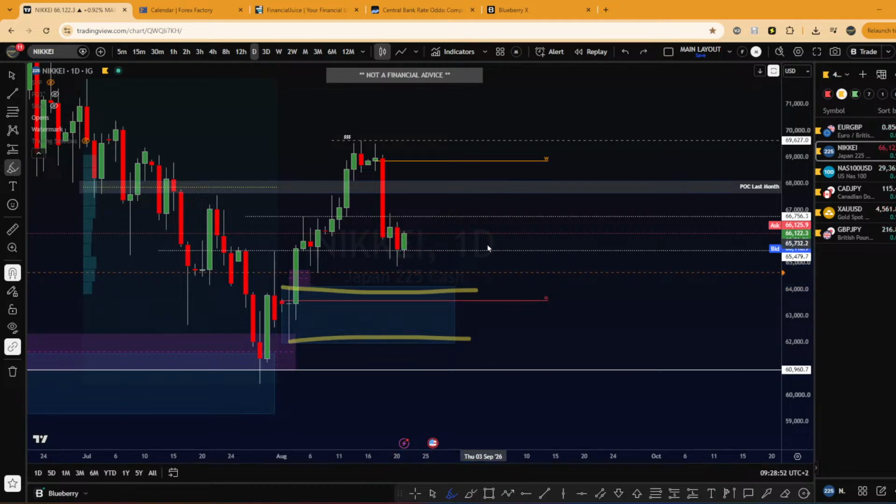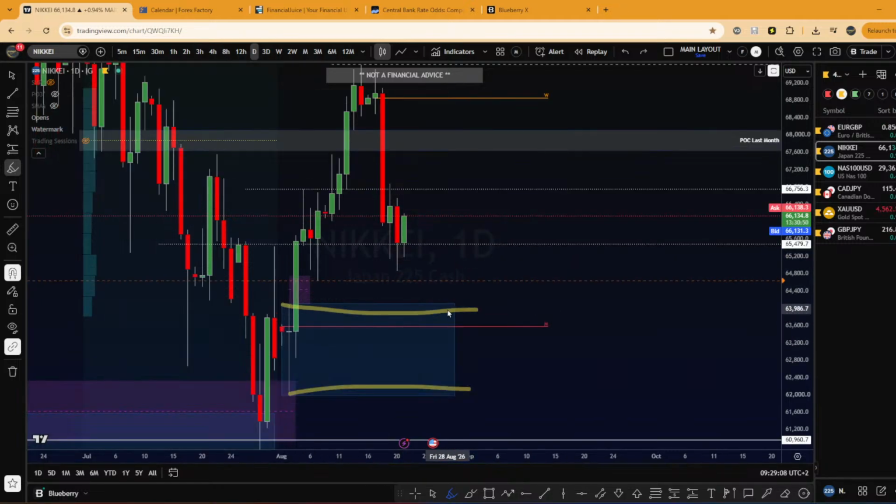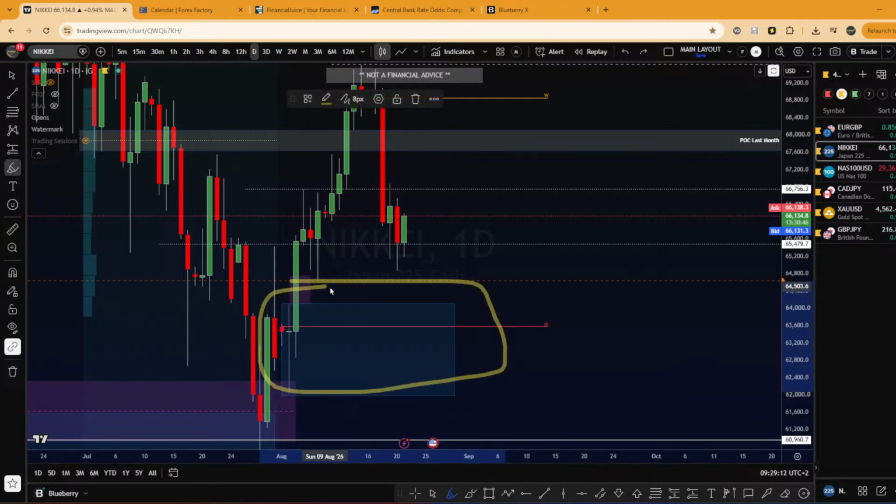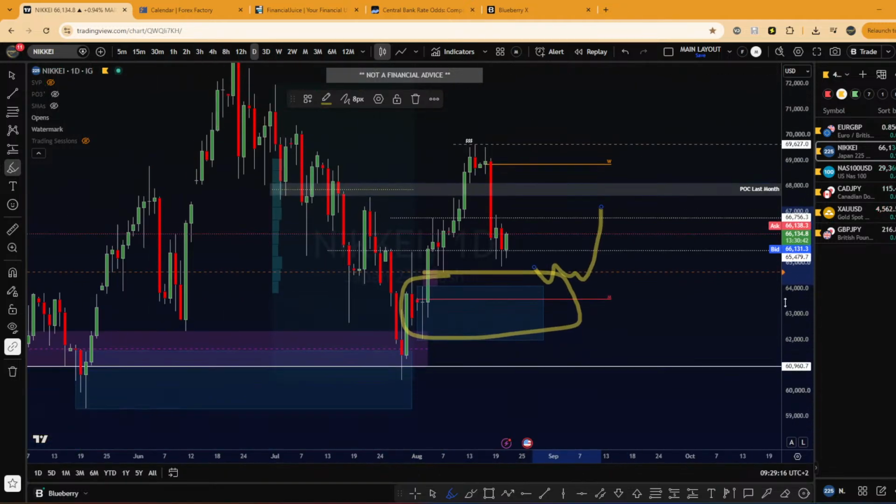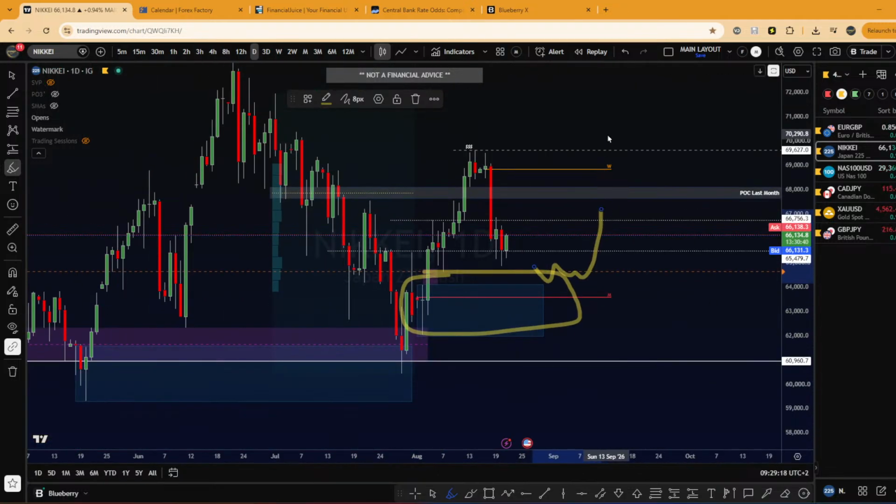So in trading, we need to have multiple plan A, plan B. If this doesn't work, we need to be able to try to buy again with your plan B, which is this level. And to be honest, trying to buy at this lower discount price is much better because it will give us a nice risk reward.